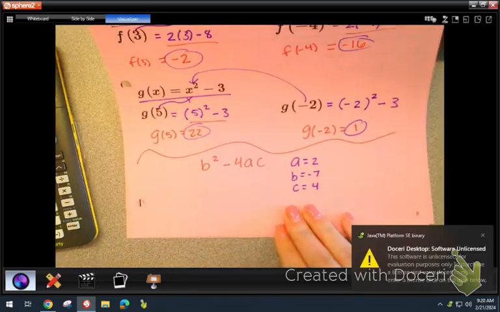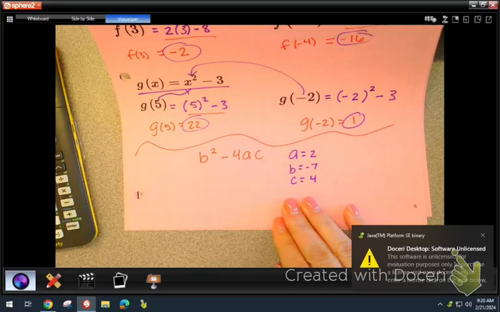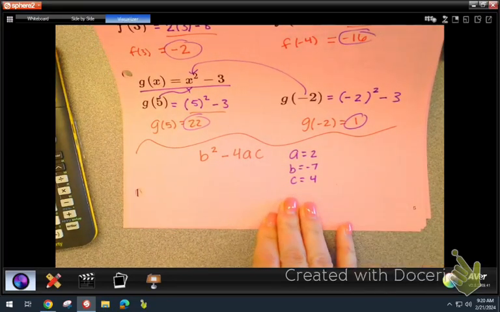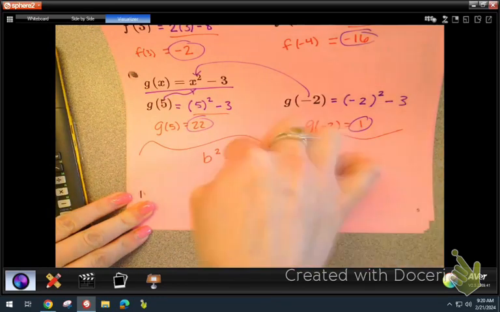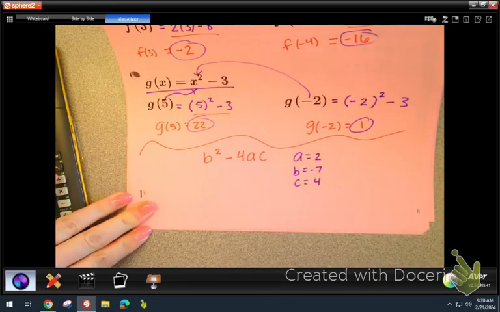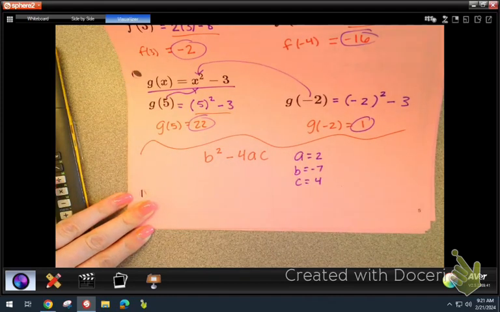So here's the thing. I believe 17 is the right answer, but here's what makes this tricky. While you guys were doing the correct thing and putting the letters in the correct spot, if you don't type it correctly, and there's a lot of ways you can mess it up, you are going to get the wrong answer.